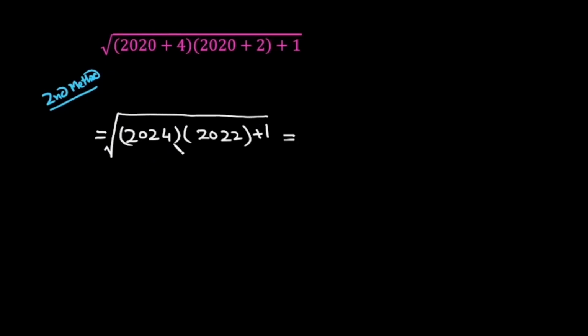This 2024, if I write 2023 plus 1, and this 2022, if I write 2023 minus 1, plus 1 under root.